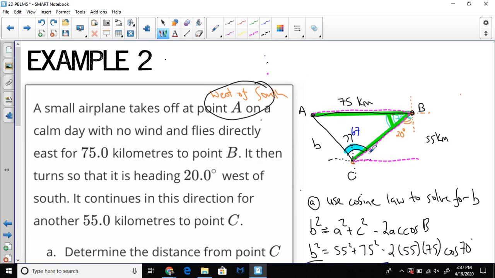So this angle is 70. So then this little one in here is 20.